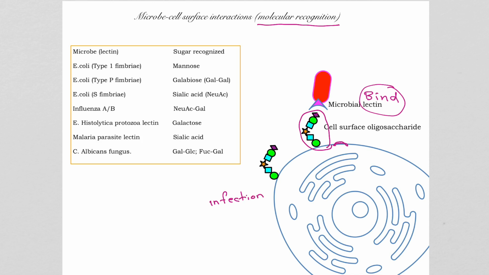So the beginning step of these infections is basically the microbe binding to your cell or to some part of your body by molecular recognition, where carbohydrates play a very, very important role.